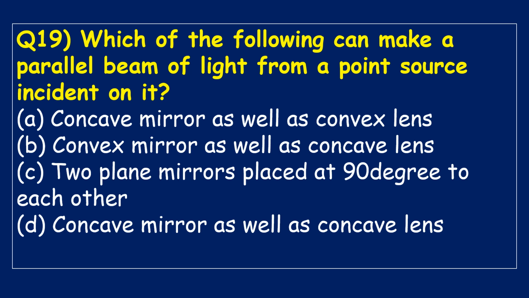See the question here. Observe the question carefully. Your option is option A, concave mirror as well as convex lens, that makes a parallel beam of light from a point source incident on it.